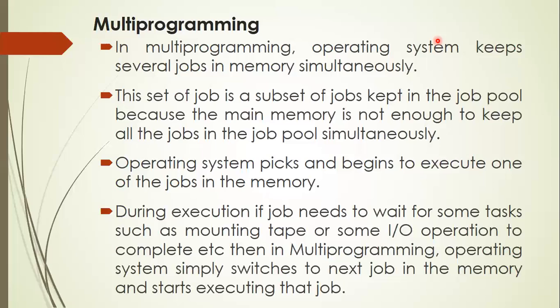In that case, your CPU will be busy until all the 10 jobs have been completely executed. So the main intention of designing a multi-programming system is to keep the CPU as busy as possible. We are not leaving the CPU idle at any time as long as some job is there in your primary memory.